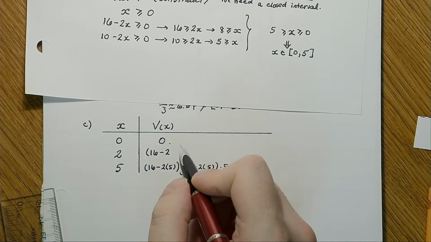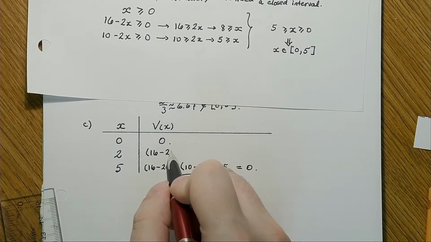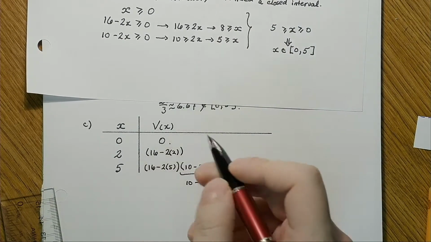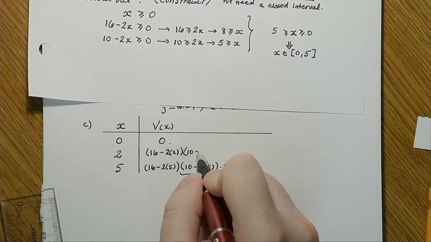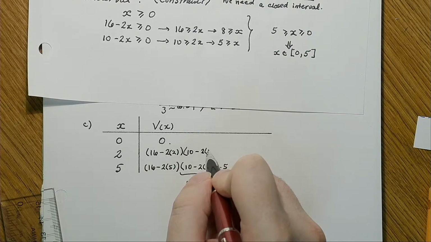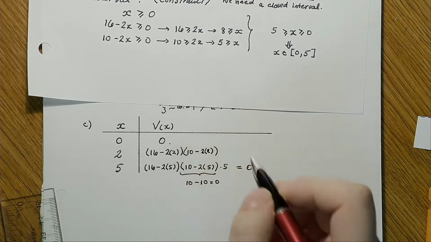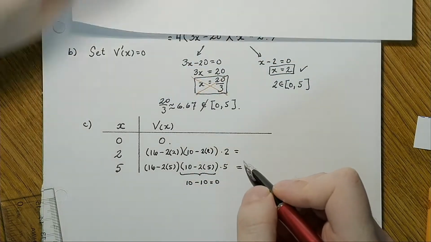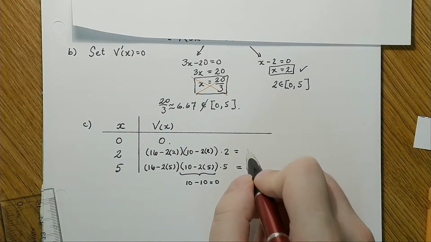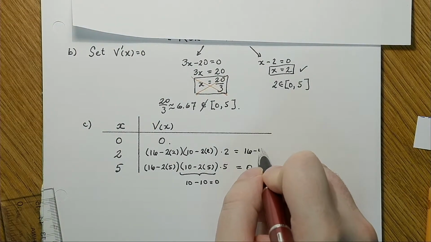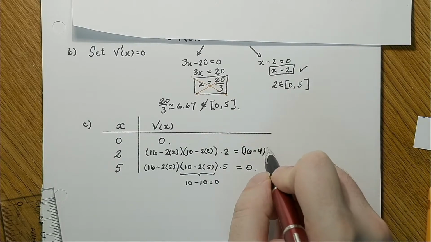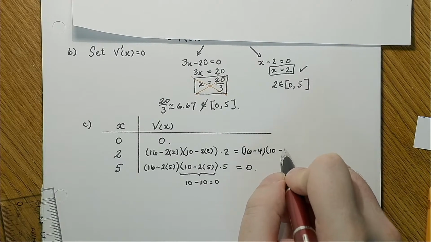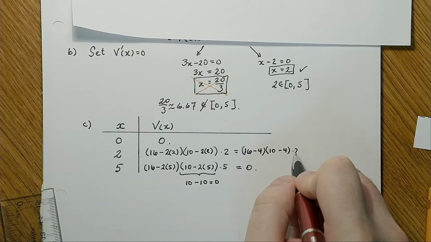And this is where the harder part is, where I have to actually do some arithmetic. Times 2 times 2. So I get 16 minus 4, 10 minus 4 times 2.